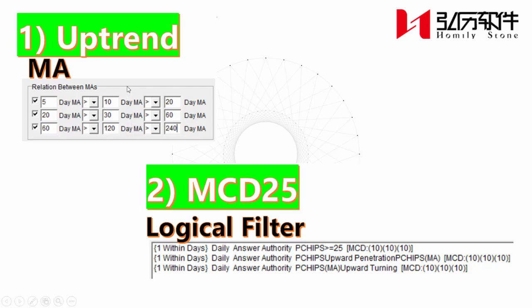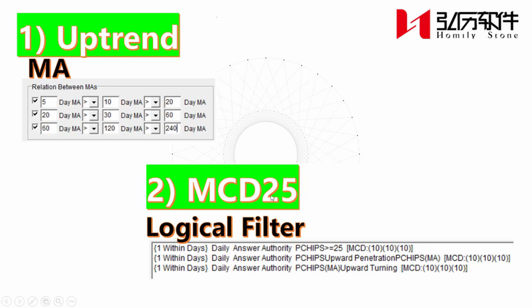If we want the Homely rainbow, short-term, mid-term, long-term all rising, we can go to the technical filter. Click MA, and here we have the relation between MAs. We just take this tree and filter.